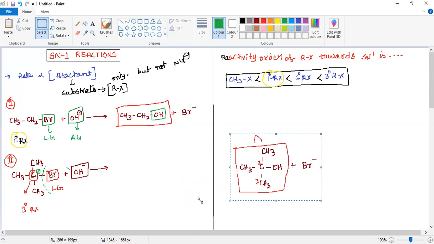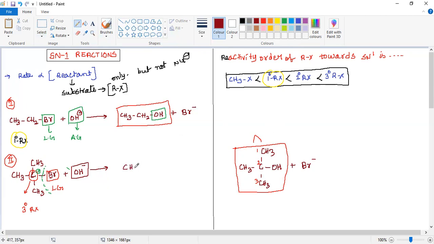See, before forming the product, first the leaving group leaves. That means simply we can say the breaking of the bond. How can we write? See, CH3 C, CH3 CH3, and here like this. So this one is nothing but what? The carbocation.